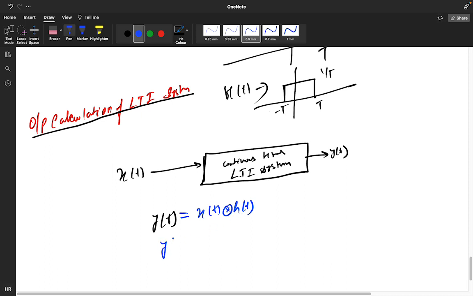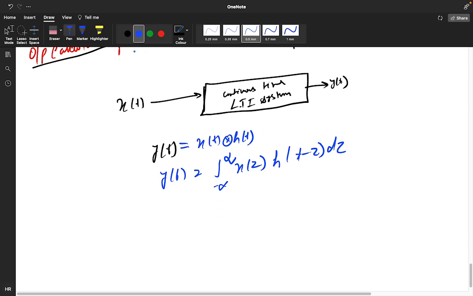And if you want to write the formula, how will you write it? Minus infinity to infinity, x of tau h of t minus tau d tau, the formula of the convolution, correct?